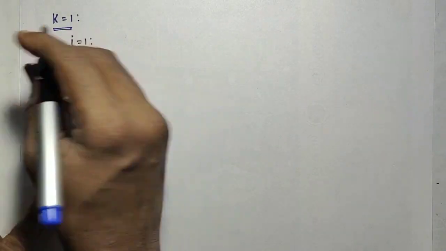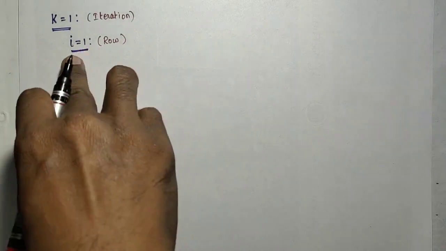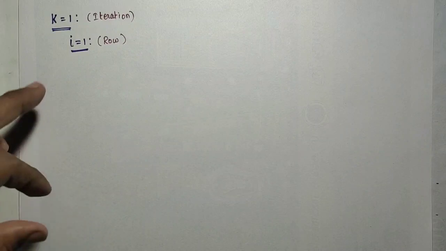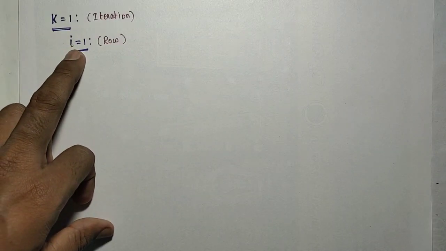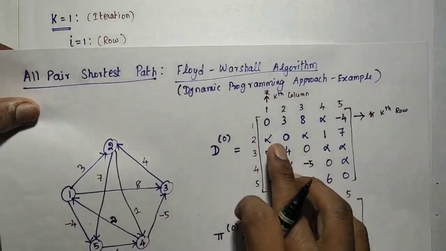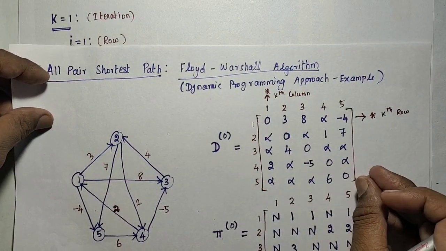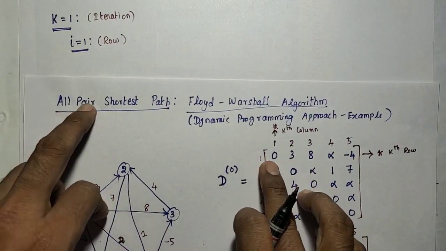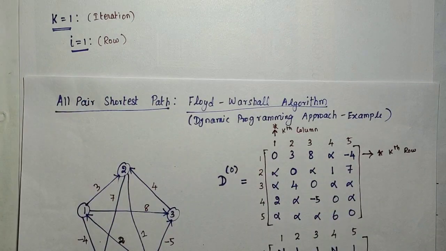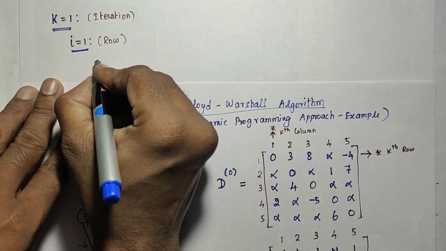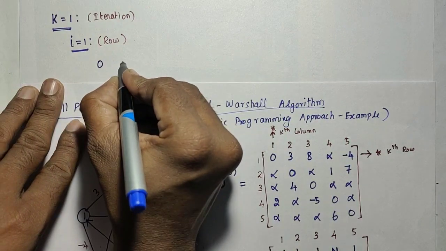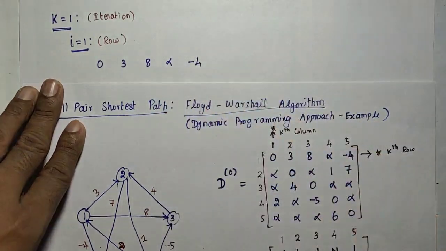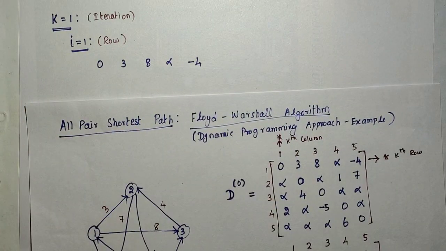This is the iteration number and the row number. So row by row, how that modification is going to be done, that we are going to check. So whether the ith row is to be modified or not, for that just write the ith row. So the ith row is 0, 3, 8, infinity, minus 4. That needs to be written here: 0, 3, 8, infinity, minus 4. So this is nothing but the ith row.